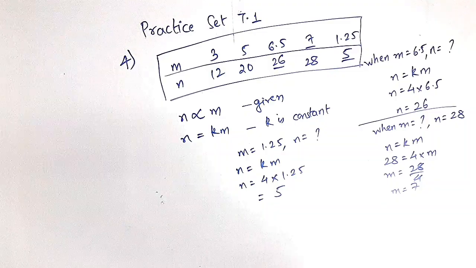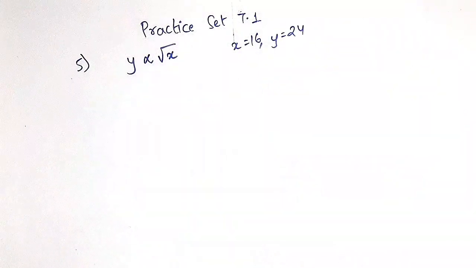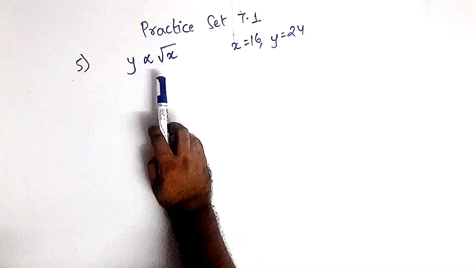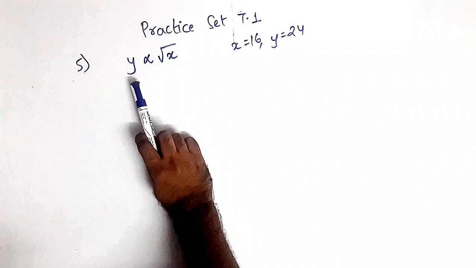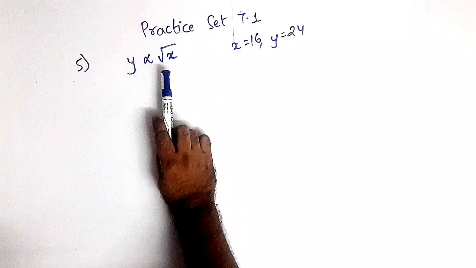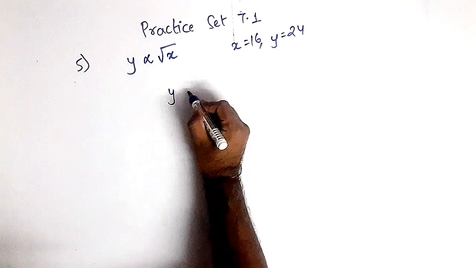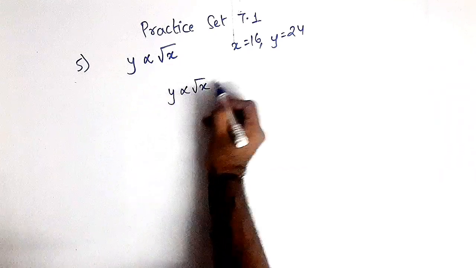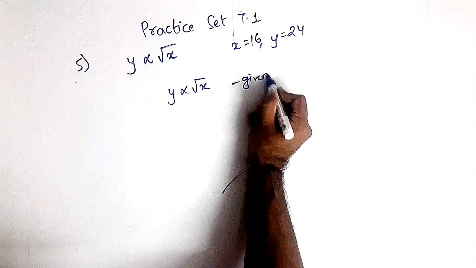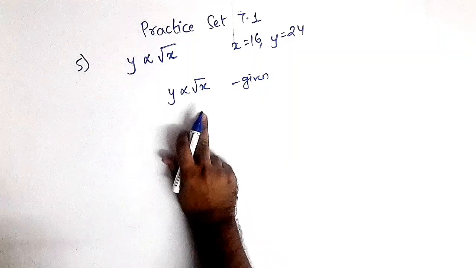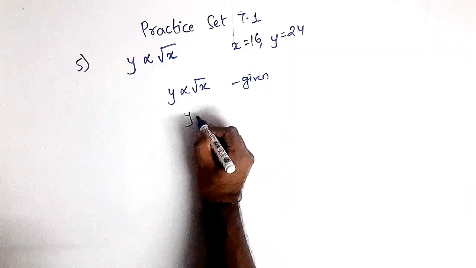Let us move on to the fifth one. The fifth one says y varies directly as the square root of x. So you will write y varies directly as the square root of x. They have asked to write the constant of variation and the equation of variation. The next step is fixed. What is it?